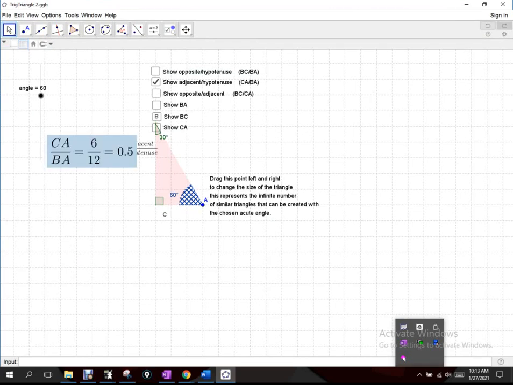So cosine is adjacent divided by hypotenuse. So I want to show CA and BA.